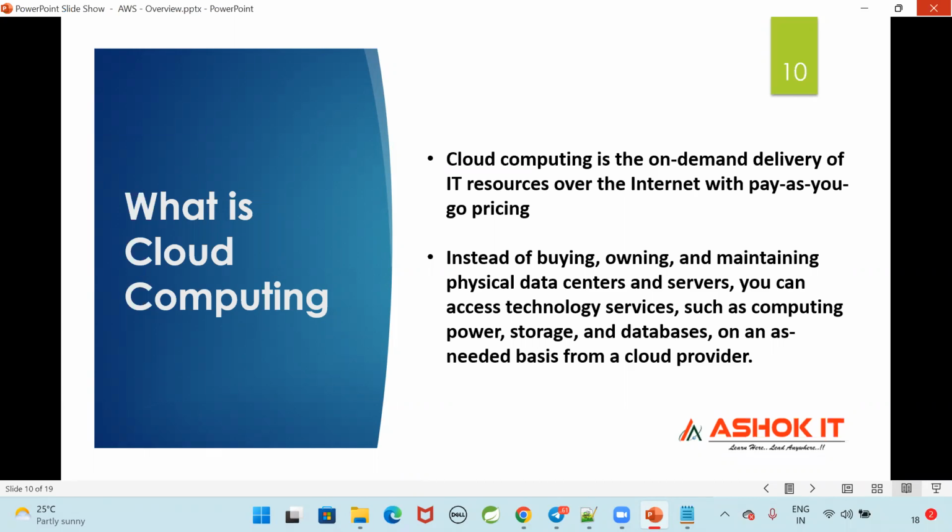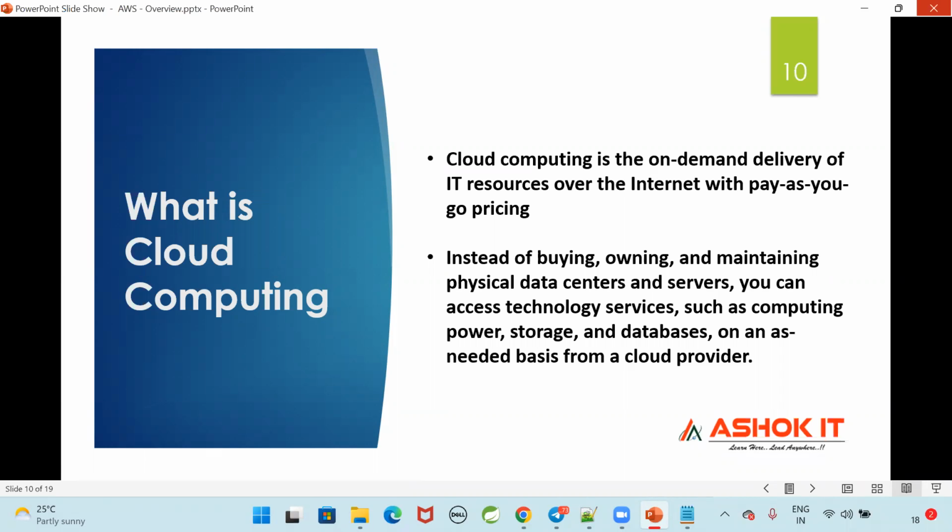Whatever resources we need, we can take them from a cloud provider through the internet, instead of purchasing and maintaining the infrastructure ourselves. Cloud computing is the on-demand delivery of resources over the internet. It is the process of providing on-demand resources over the internet.